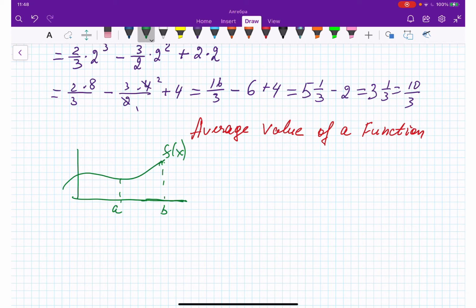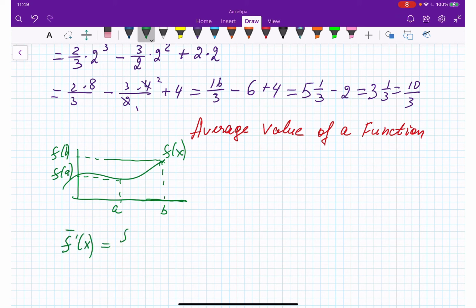So if we want to find out the average, we're going to use the derivative. On interval A and B, this is going to be the value of f of B, and this is going to be the value of f of A. And the average of the derivative, which is the average of the instant speed, is going to be the average of f of x.